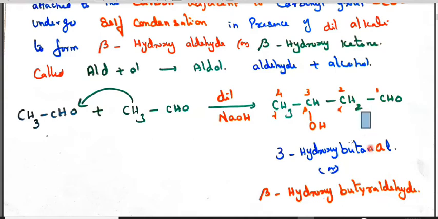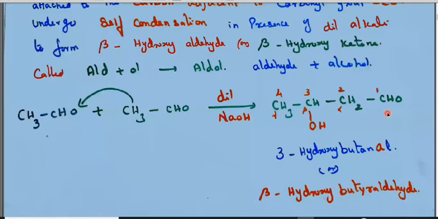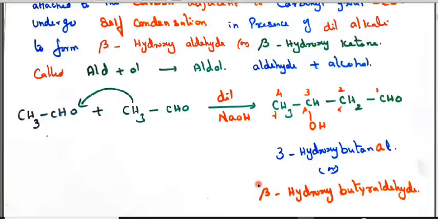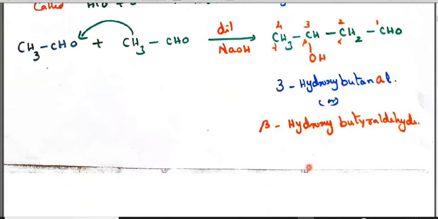I have written 3-hydroxybutanal for aldehyde. Then 3-hydroxybutanal or beta hydroxybutyraldehyde is the name of the aldol. This is the common name and this is the IUPAC name.